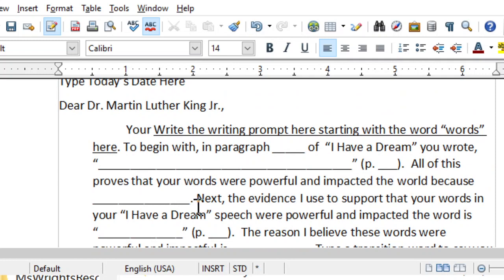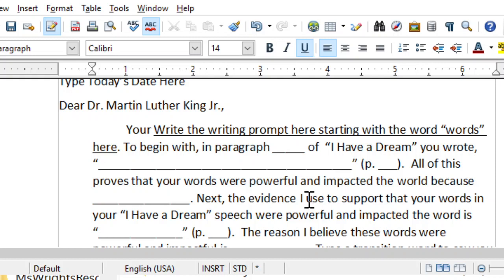Right here, you're going to write the word your, or the word yours is already here. And right here, where it's underlined, I'm telling you what to type.